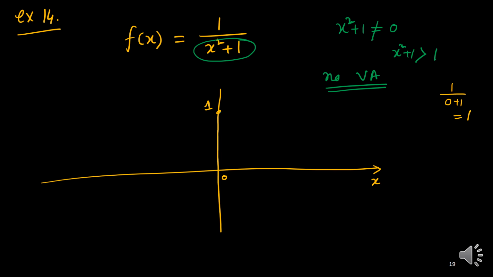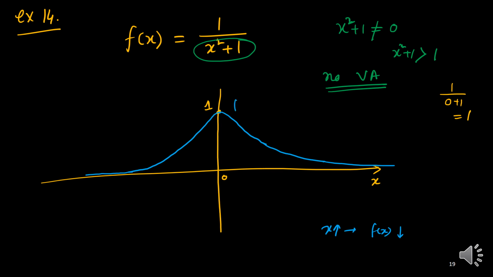As x is increasing, the function f of x is reducing because the denominator is increasing. At infinity it will become 0. So I can expect this kind of curve approaching 0 on the right side, and it will be symmetrical because the square term is there.